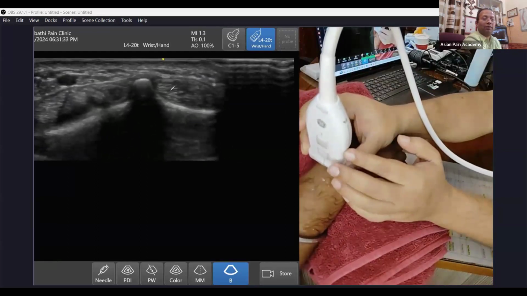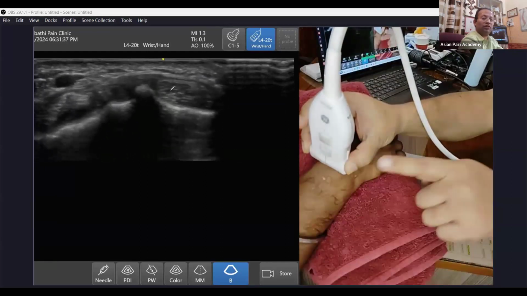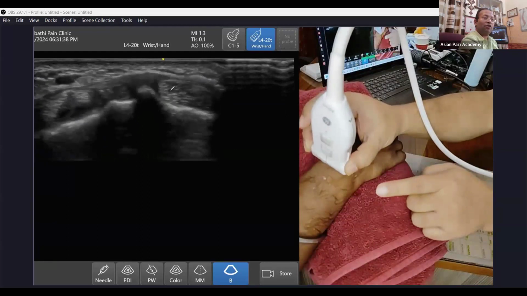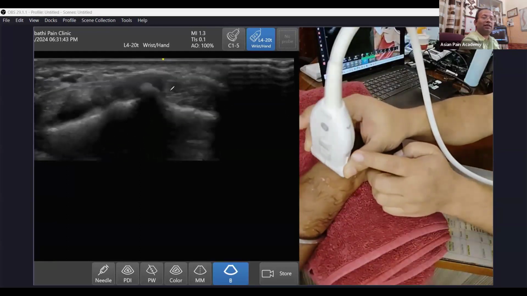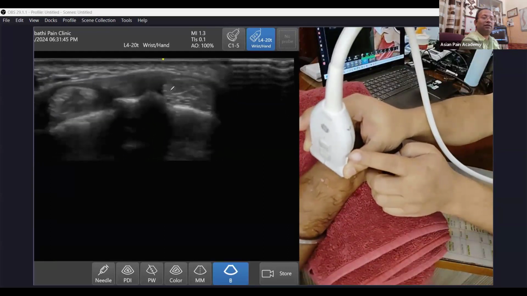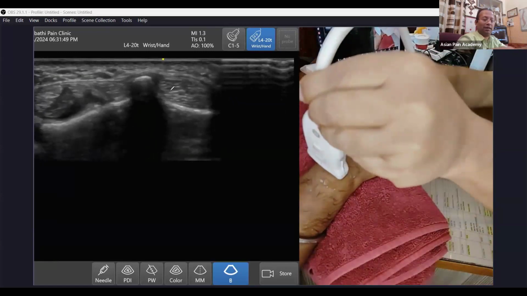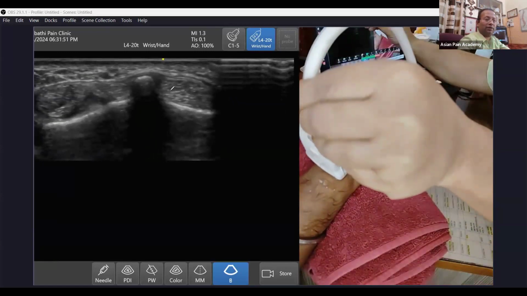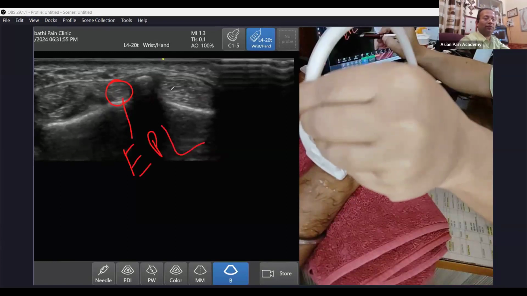But where earlier I was going from the Lister's tubercle proximally, now I will go from Lister's tubercle a bit distally. If I go distally, try to see the EPL, the compartment number 3 tendon. I think everyone can locate it. This is the EPL, compartment number 3.